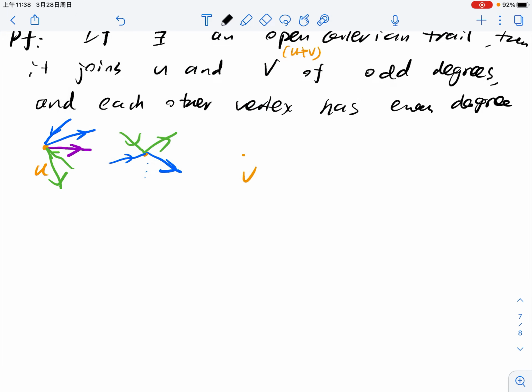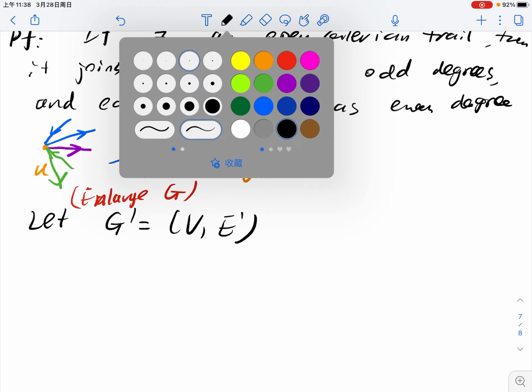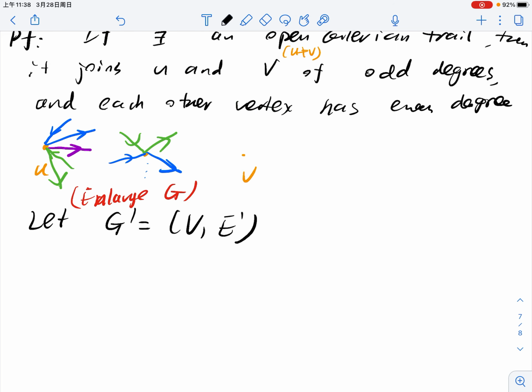Okay, next we prove the other direction. To do that, let G prime be a larger graph, defined by the edge set E prime, where E prime is E union an edge UV.